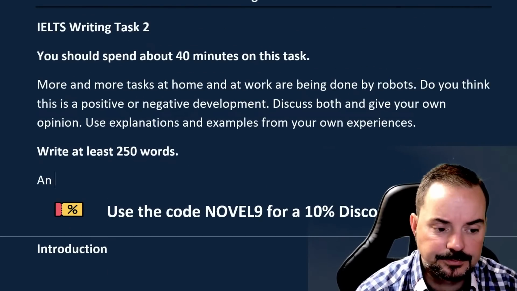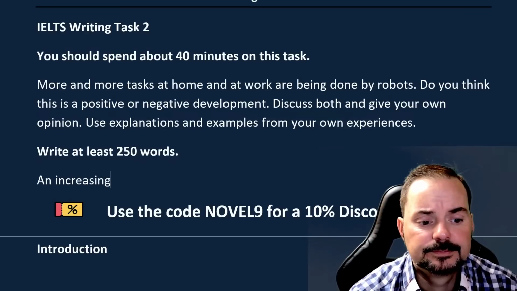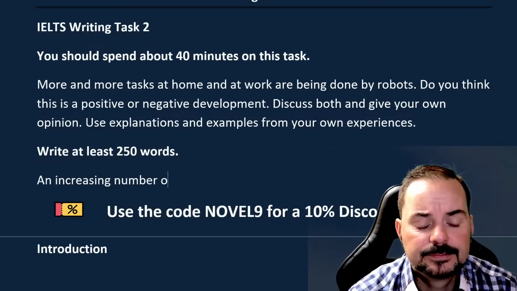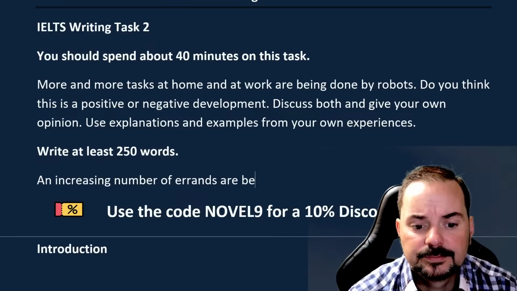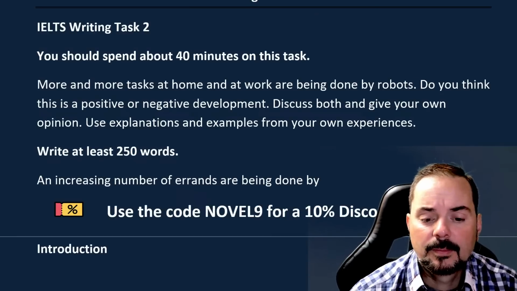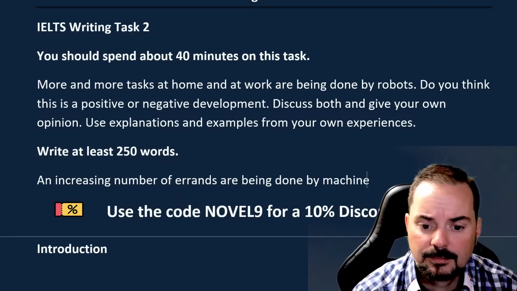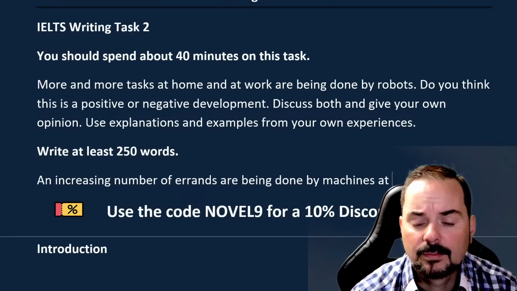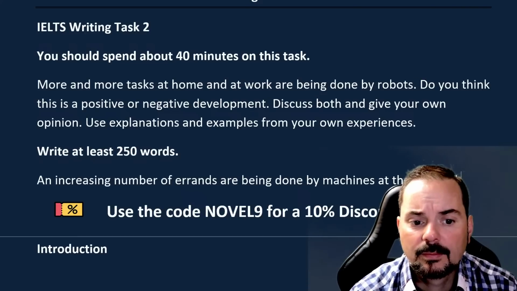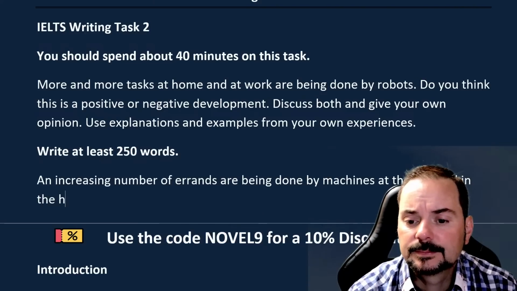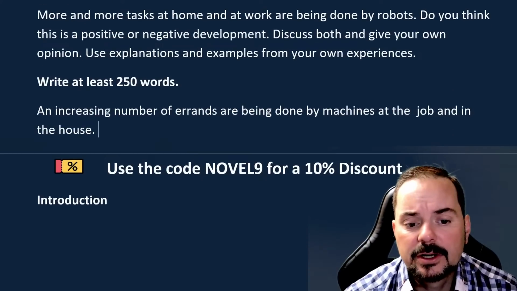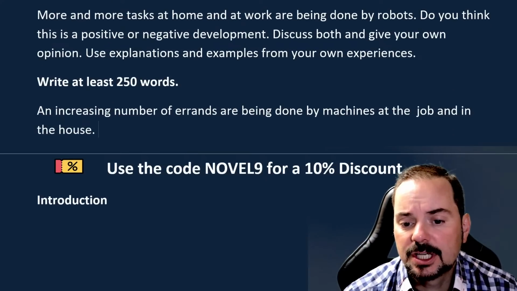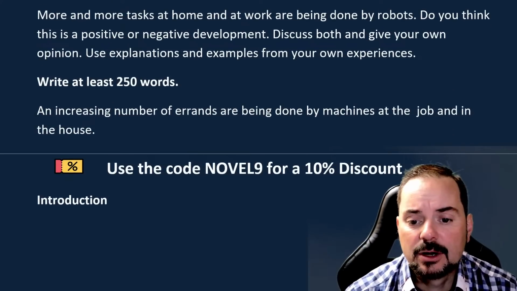Okay, like this. An increasing number of errands are being done by machines at the job and in the house.